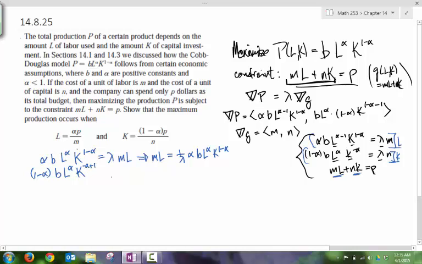Well, that's the same thing as 1 minus alpha. And this is lambda, and then this is N, and we multiplied it by K. Again, you divide out by lambda, you get NK is equal to 1 over lambda times the rest of this stuff.